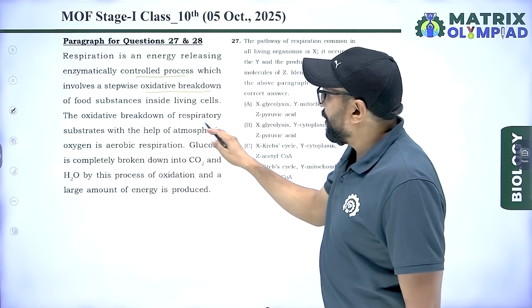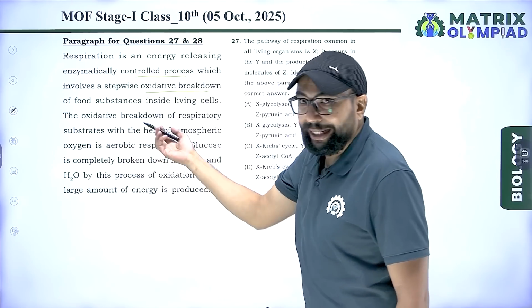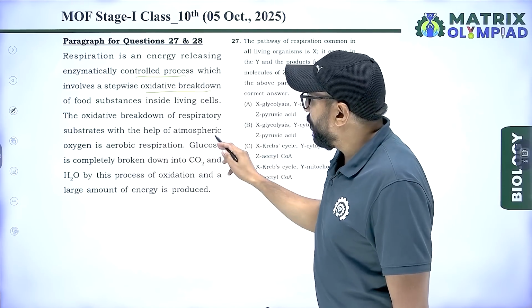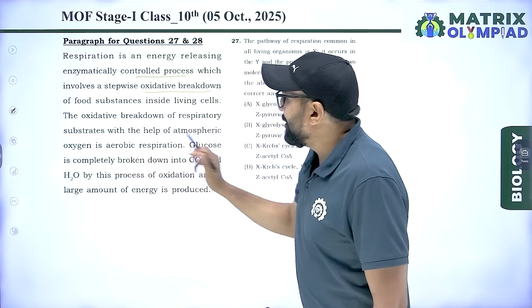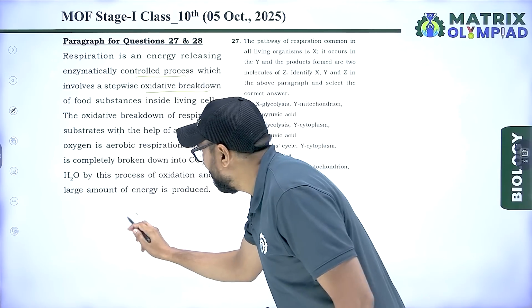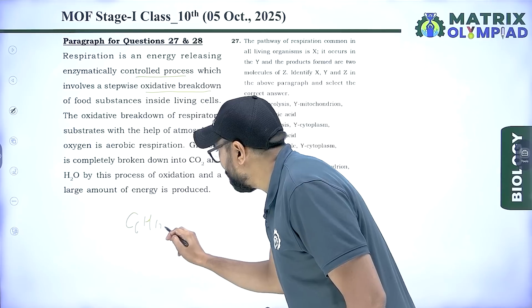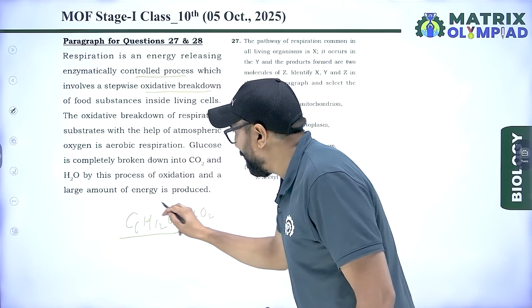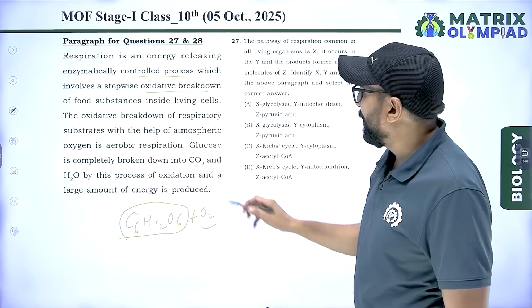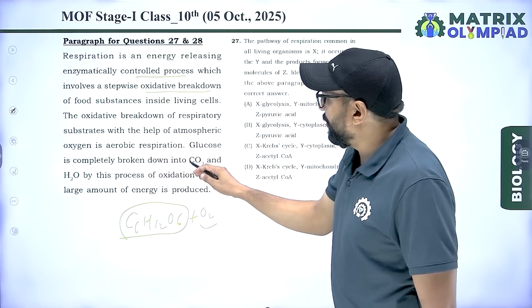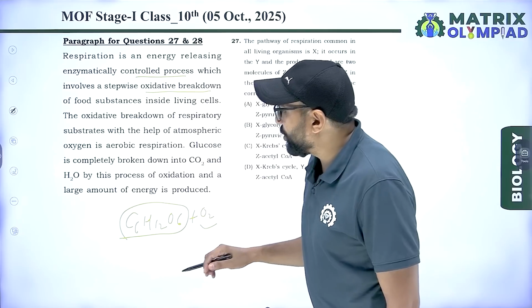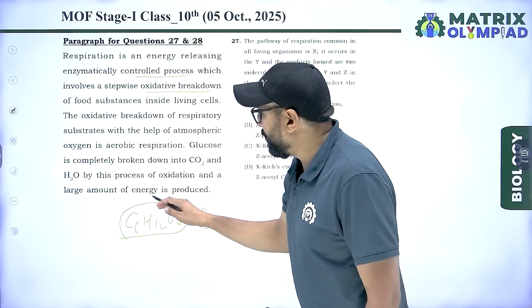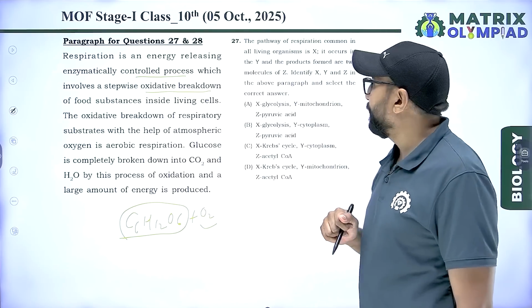The oxidative breakdown of respiratory substrate like glucose, carbohydrate with the help of atmospheric oxygen is aerobic respiration. It means C6H12O6 plus oxygen, breakdown of carbohydrate in the presence of oxygen. Glucose is completely broken down into CO2 and H2O in this process of oxidation, and a large amount of energy is produced.